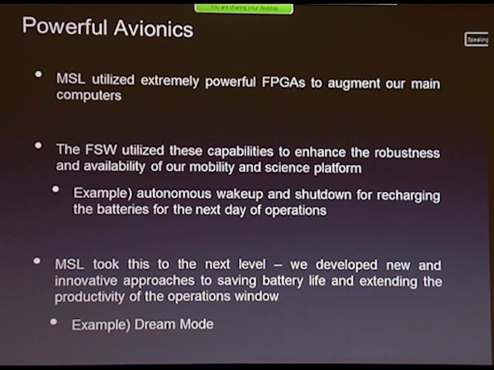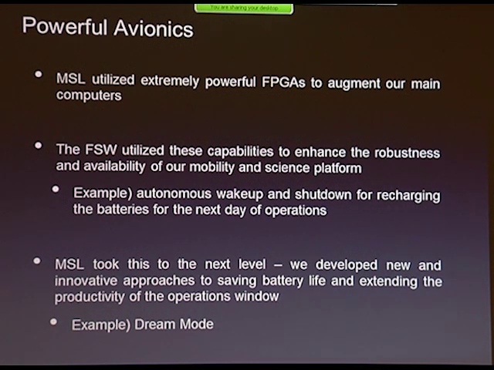Powerful avionics. MSL utilized extremely powerful FPGAs to augment our main computers. And the flight software utilized the capabilities in these FPGAs to enhance the robustness and availability of our mobility and science platform. So the capabilities of these FPGAs really are part of the infrastructure platform.